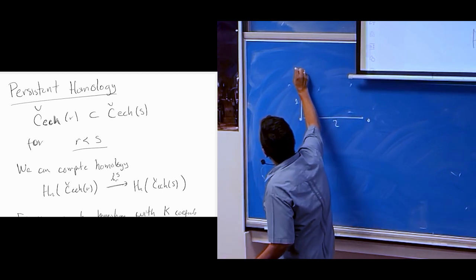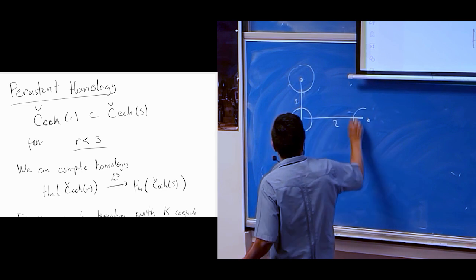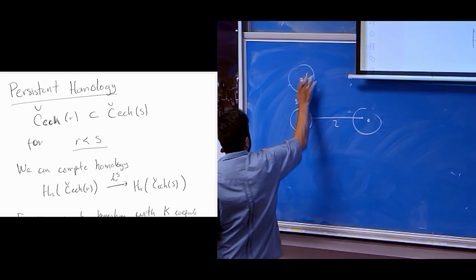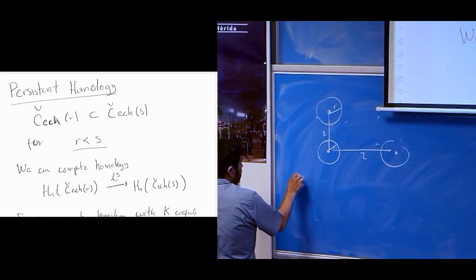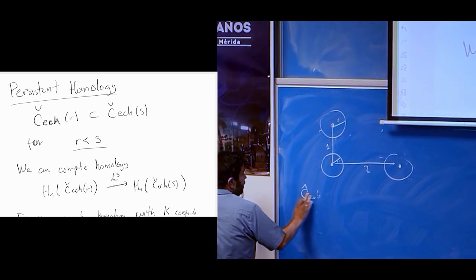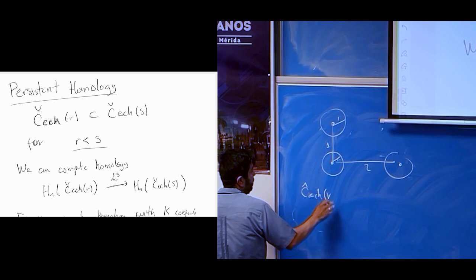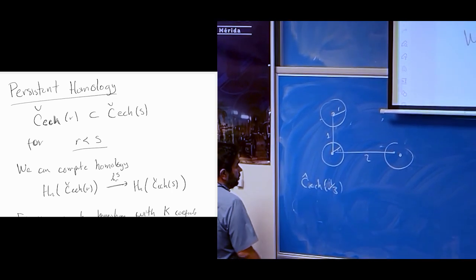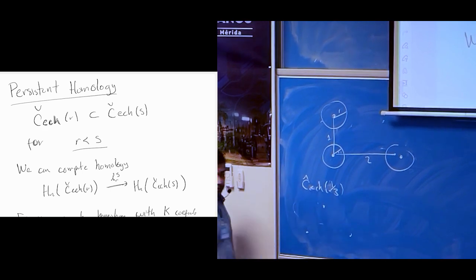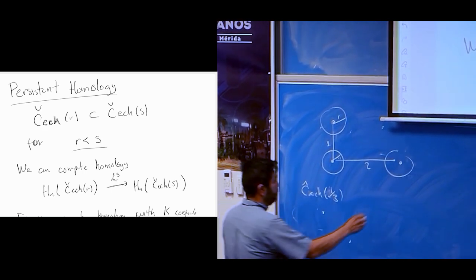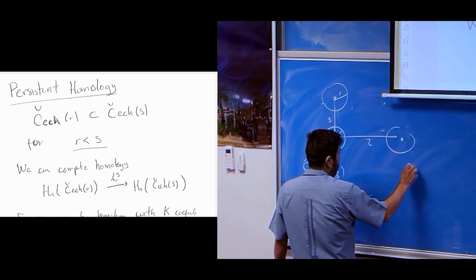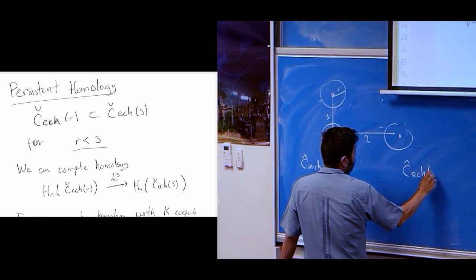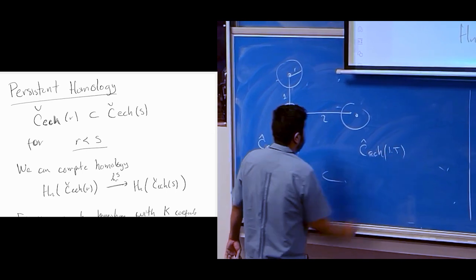If you start with very small circles, with radius 1/3, you will get this simplicial complex, just 3 isolated points. But this is contained in Čech of 1.5.